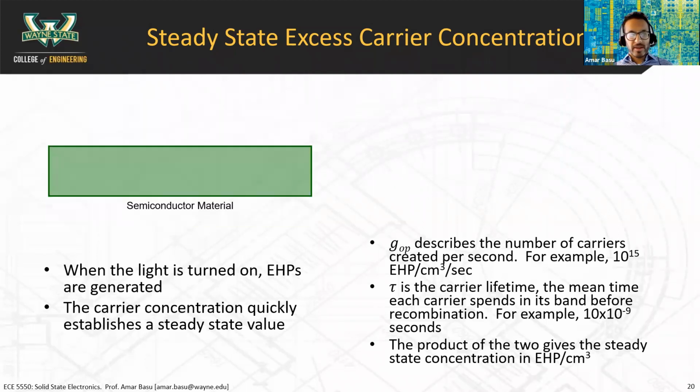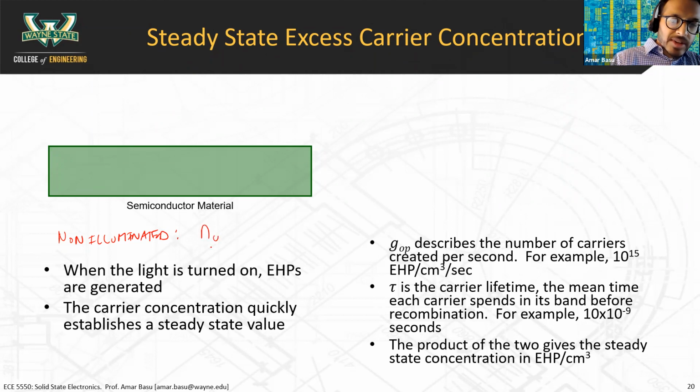Before we shine light on the semiconductor material, the semiconductor might be N-type, it might be P-type, it might be intrinsic. It already has an electron and hole concentration. So in the non-illuminated case, we can say that the semiconductor material has an electron concentration N0 and a hole concentration P0.